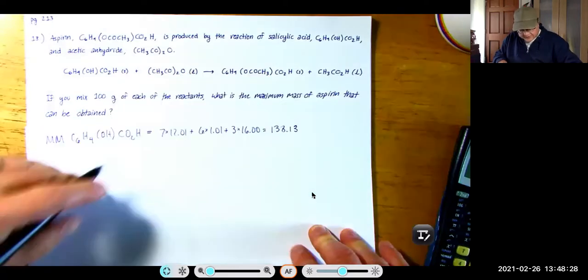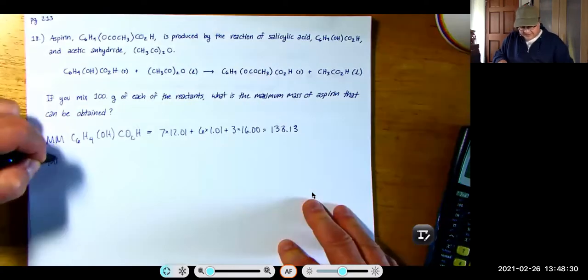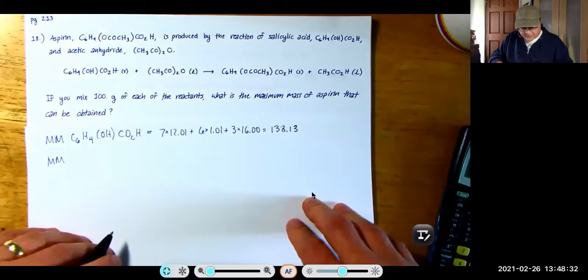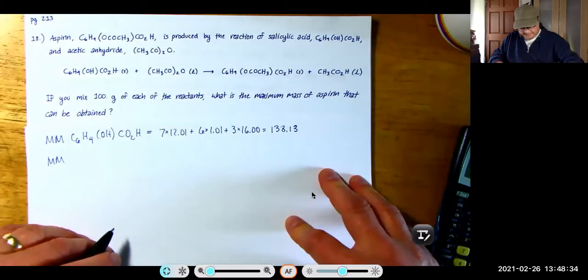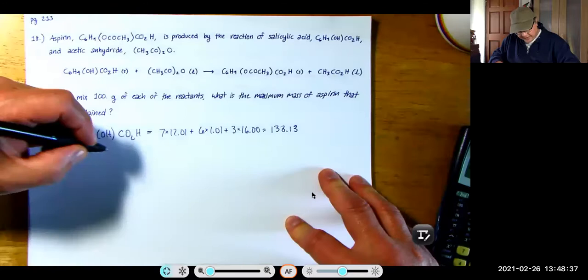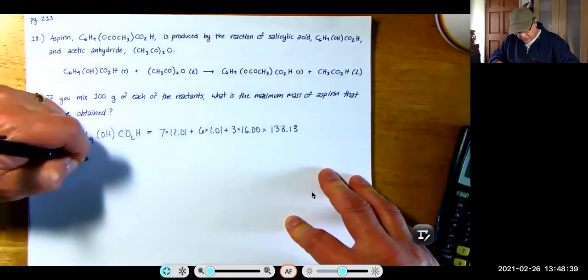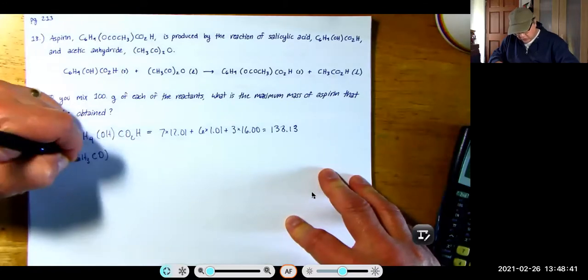Now, the molar mass of this acetic anhydride, I think that's what that is. Yep. Is CH3CO2O.